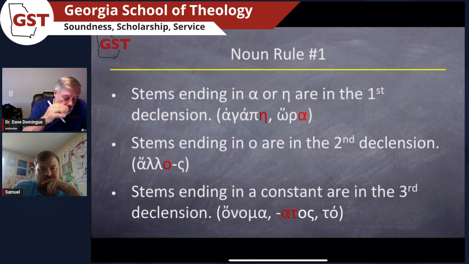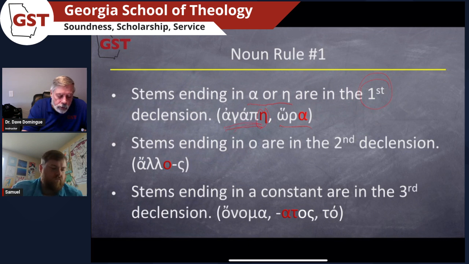So noun rule 1, you did this on the quiz, no problem. Stems ending in alpha or eta, we've mentioned many times, is first declension, and so we can see agape and hora, and it will be one or the other. We're not going to see agapa. It's going to be agape. That's the word. Hora is not going to be hore. It's going to be hora. That's how the word ends.